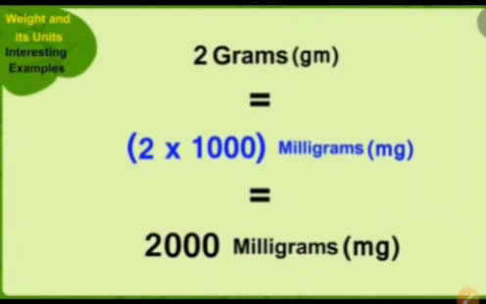Means whenever I want to convert grams into milligrams, means bigger unit to the smaller unit, at that time you have to multiply by 1000.